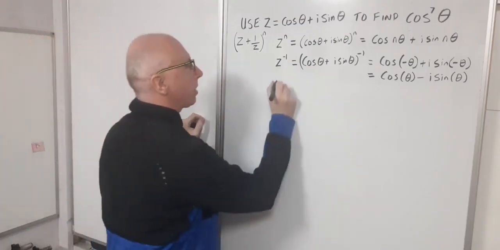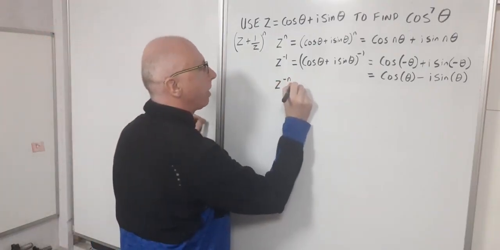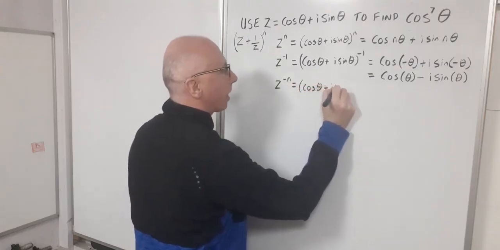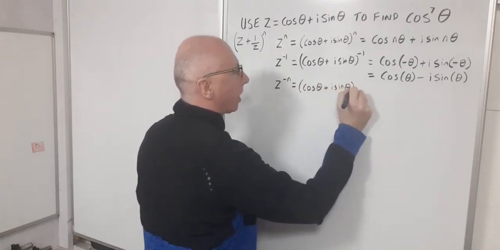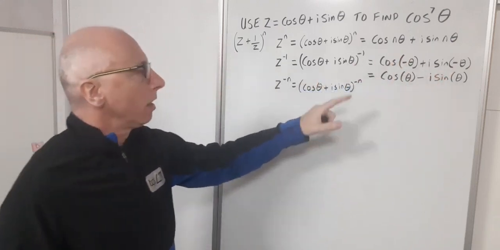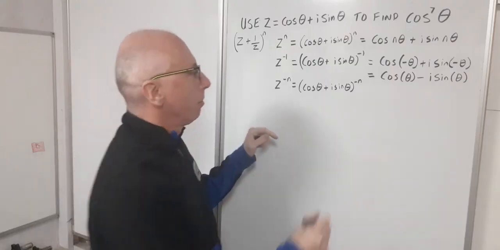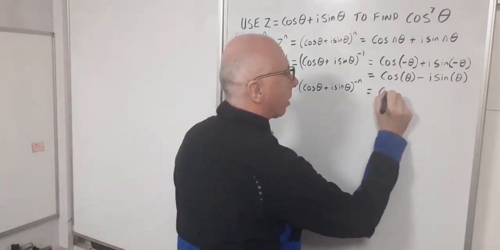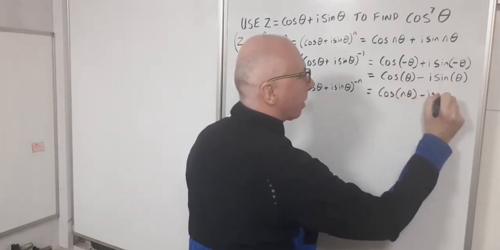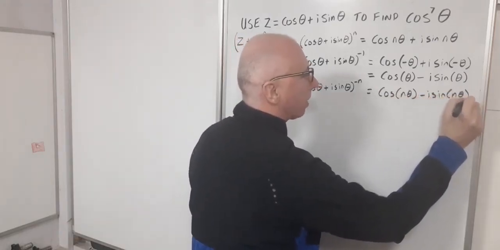So if I now write this as z to the minus n, I've then got cosine theta plus i sine theta to the minus n. And now copying what we did here, we can just go straight to our answer, because what we're going to get is cosine of n theta minus i sine of n theta.